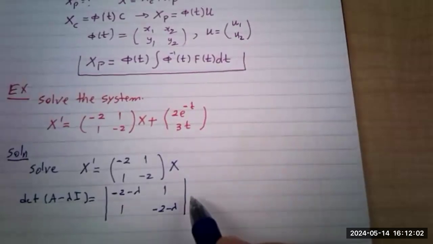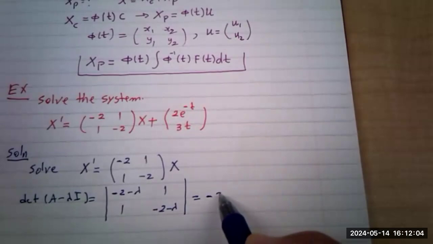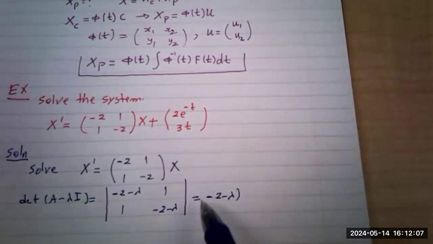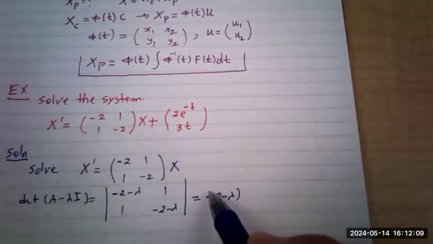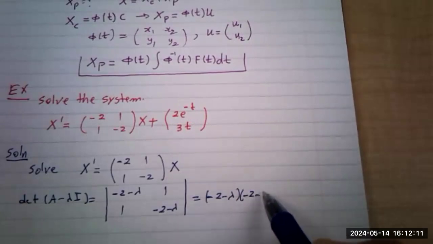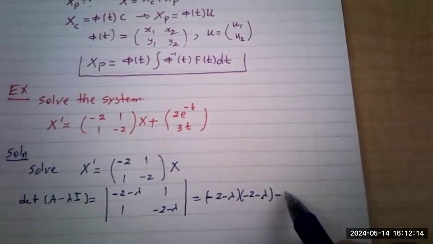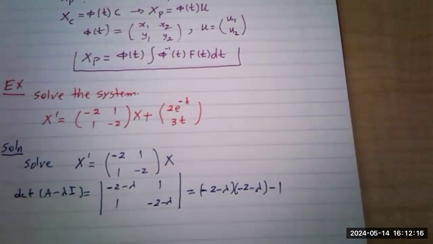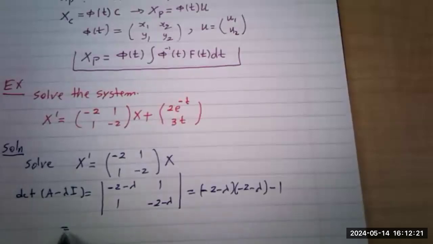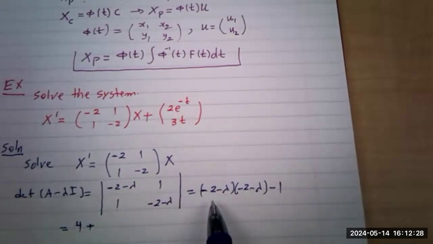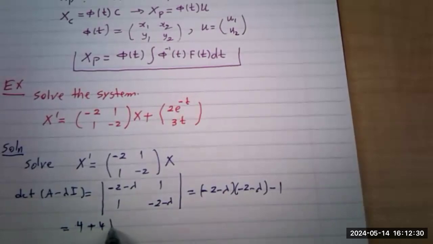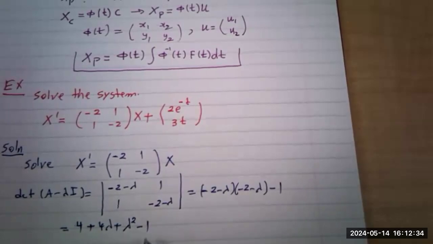Multiply to find it. So that gives -2 minus lambda times the same, so we can write it in square form: (-2 minus lambda) squared minus 1. FOIL: this is a square of the first, which is 4, plus 2 times first times second, which is plus 4 lambda, plus lambda squared, minus 1.